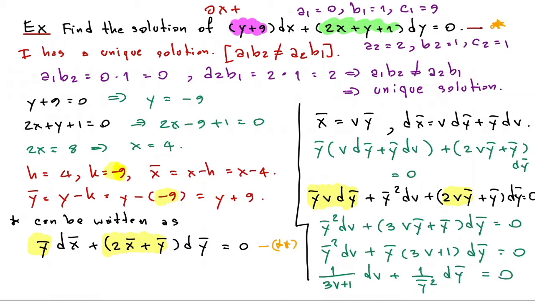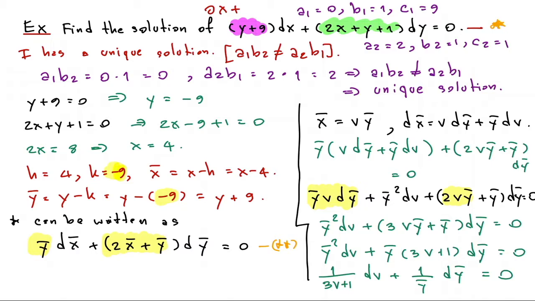So first I divide the whole equation by 3v plus 1. So I get it here, and this cancels out, right? And then I divide the whole equation by y bar squared. So this disappeared and 1 cancelled here. So we have, oops, sorry, we have just y bar, not y bar squared.